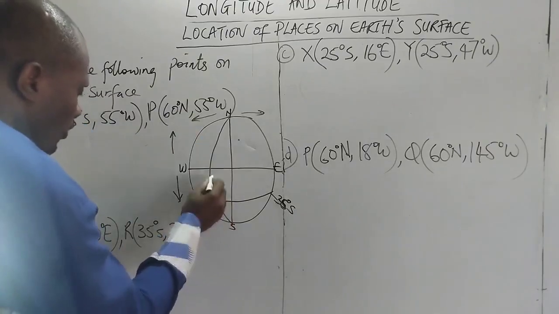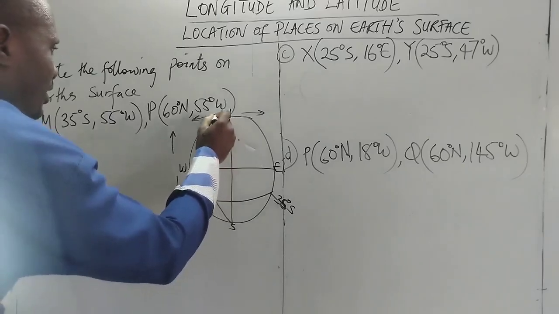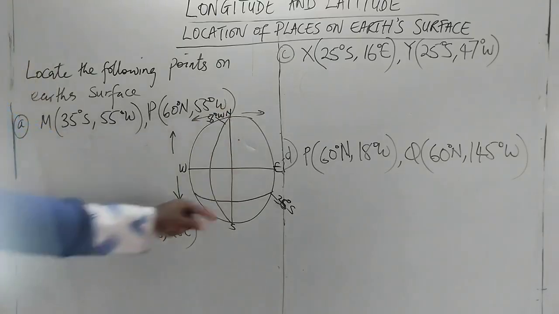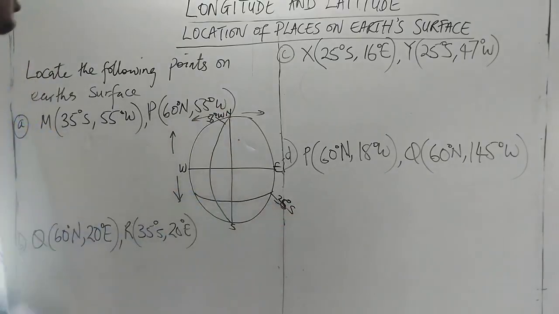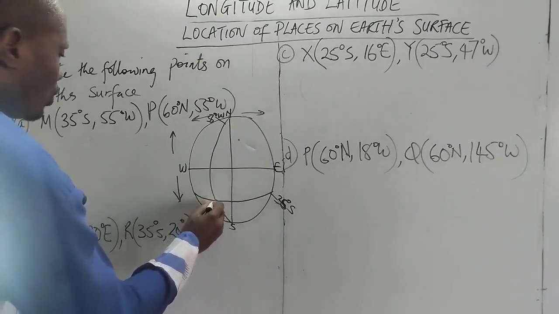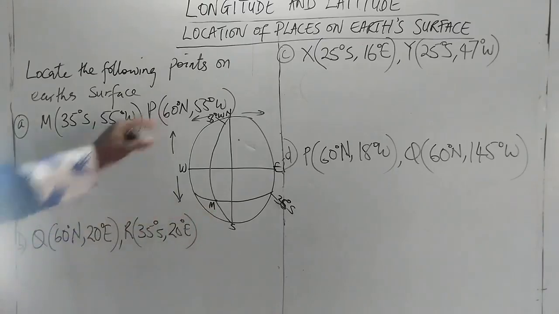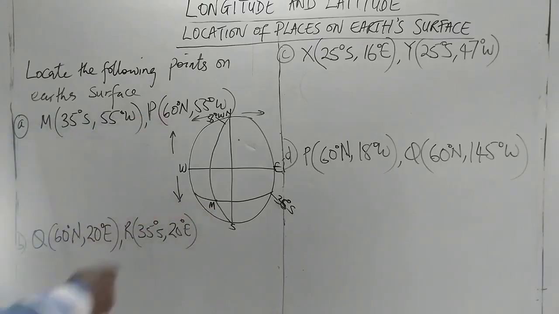The point of intersection of the line of 55 degrees west and the line of 35 degrees south, where the two meet, is the location of the point. You label it M. So that is our M. For P, it says 60 degrees north.